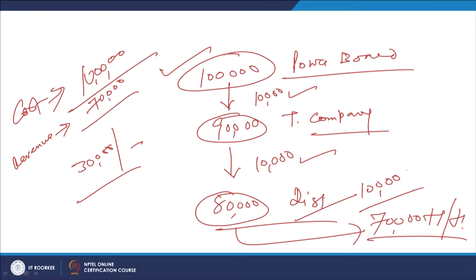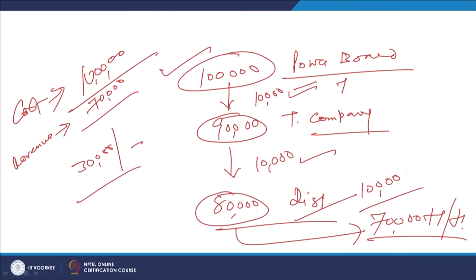Now, we will estimate whether a loss of 10,000 units at each of the 3 levels is the expected loss or more than the expected loss. For example, the loss expected at the transmission level was only 7,000 units, right, but we have actually incurred a loss of 10,000 units. So it means the abnormal loss is how much? 3,000 units.